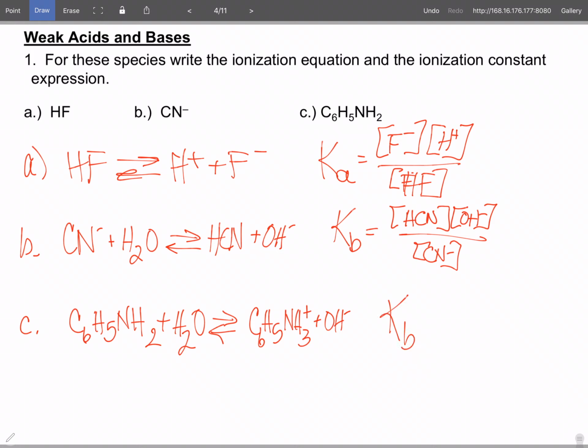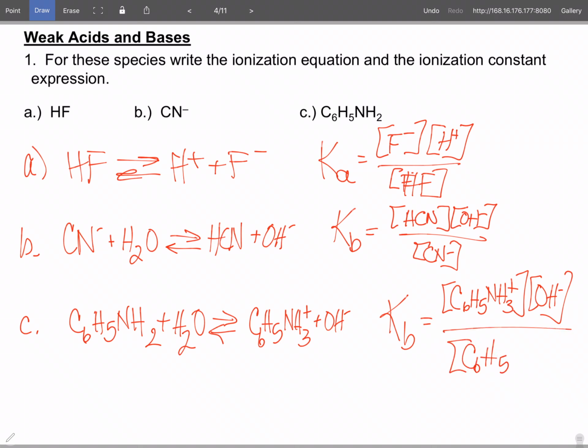So again, this is a Kb, so it's C6H5NH3 plus times OH minus over C6H5NH2. If you look at these, they are really simple equilibria. The beauty of them is they're one at a time. So you're only gaining or losing one proton, which makes these easy math-wise, other than you get to FOIL them.